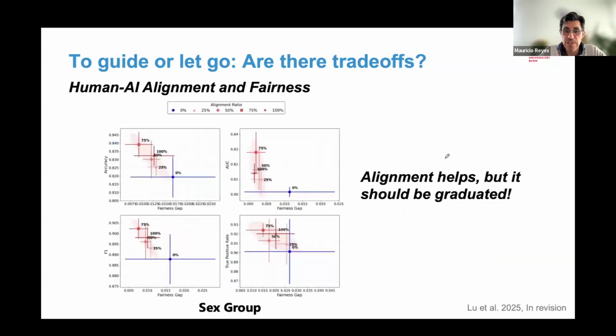For the sake of time, what we have found so far is that alignment helps, but it should be graduated. You can see that as we increase that alignment, we improve the situation. But there's always a trade-off with the amount of alignment that we have.